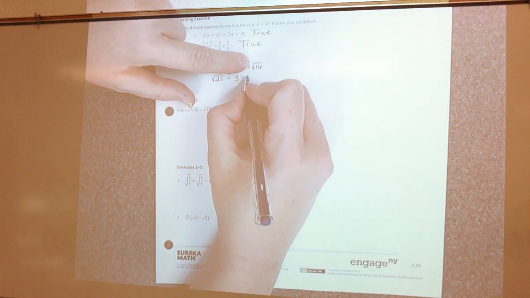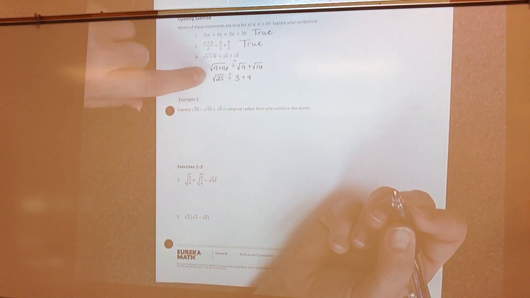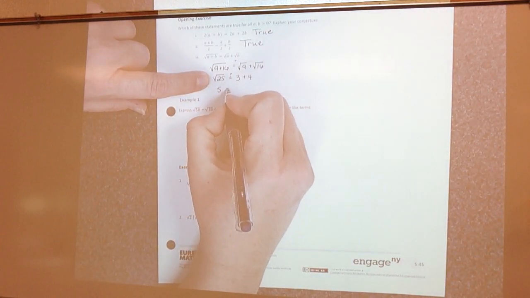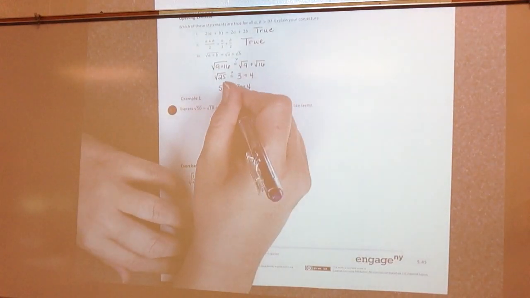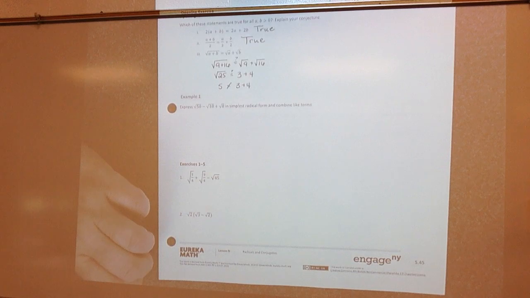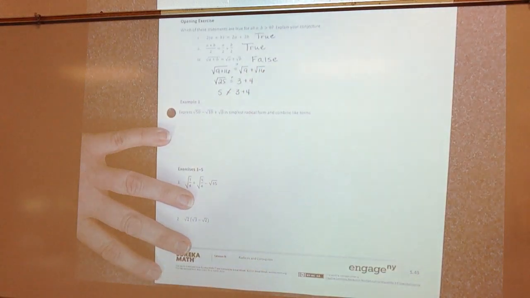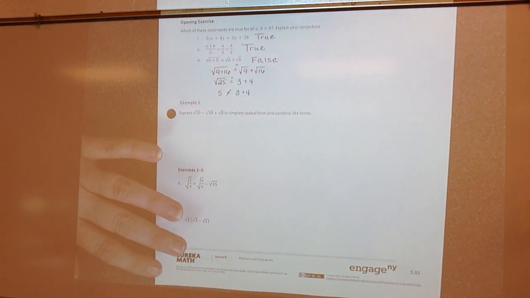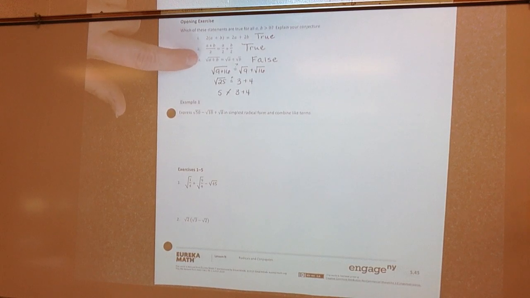The square root of 16 is 4. Those don't add up to the same thing, so this statement is false. Alright, so that is always going to be false.